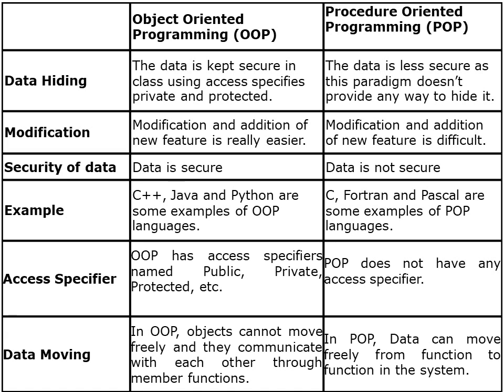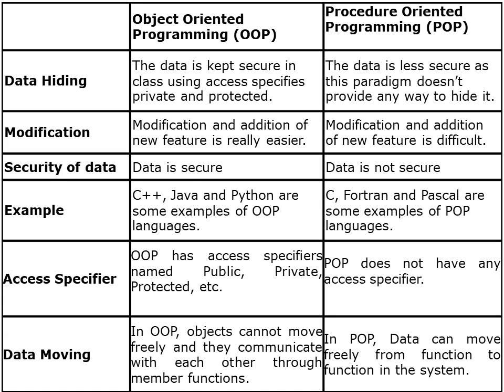Also, data are global and so data are not hidden and they flow freely around the system. Seventh, modification. In object oriented programming, it is easy to add and modify new and existing features, whereas in procedure oriented programming, addition or modification of features is difficult.